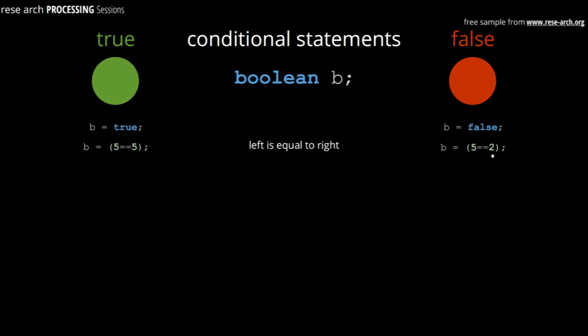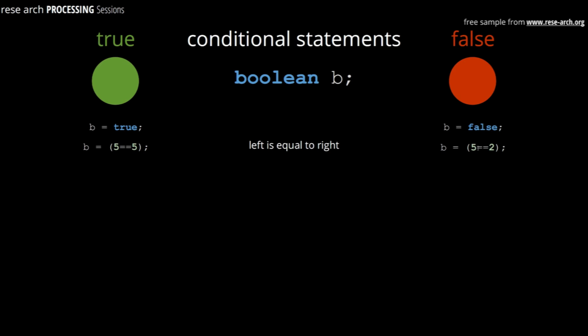In this case, on the right side, when you're asking, is 5 equal to 2? The answer is false. And of course, this doesn't really make much sense because you know by yourself that 5 is equal to 5 and 5 is not equal to 2. But very often, you're not going to use the values, but you're going to use variables.